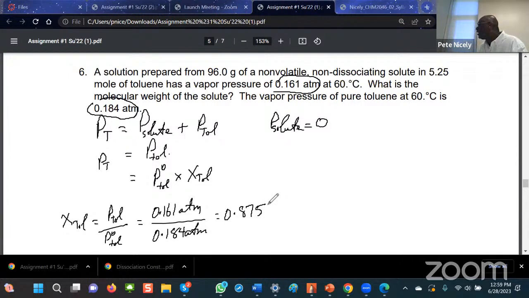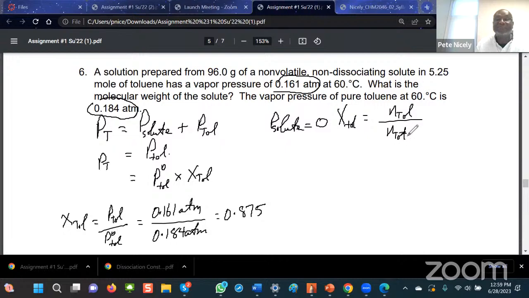Now, the mole fraction can also, by definition, be said to be equal to the number of moles of toluene divided by the total number of moles. So this will be N total, TOT, right?